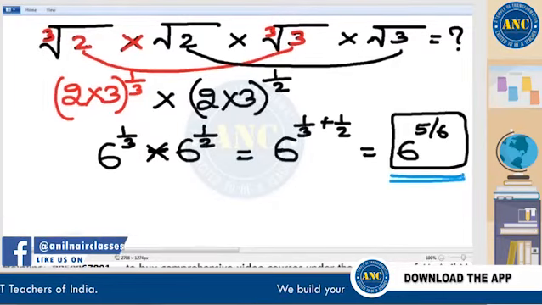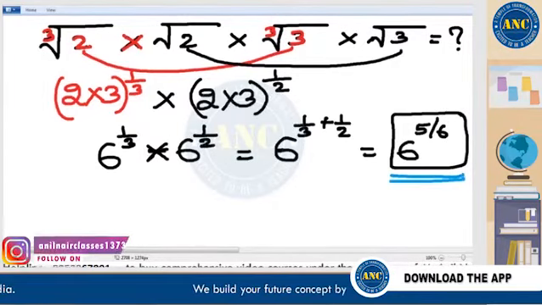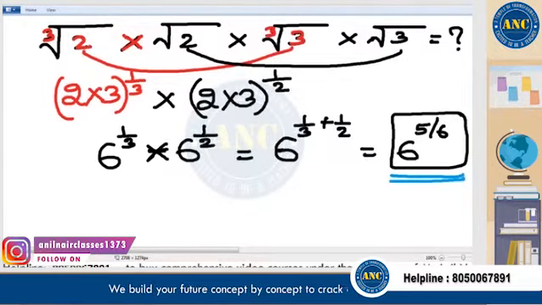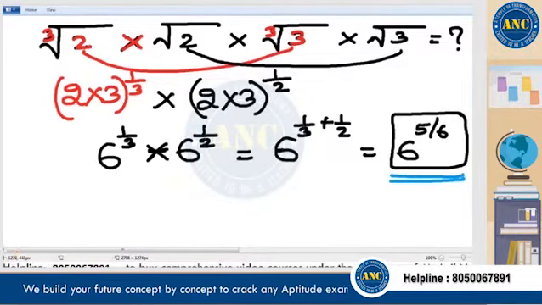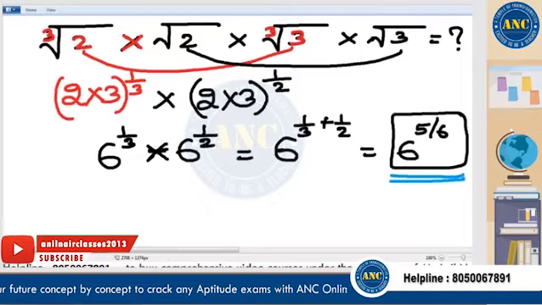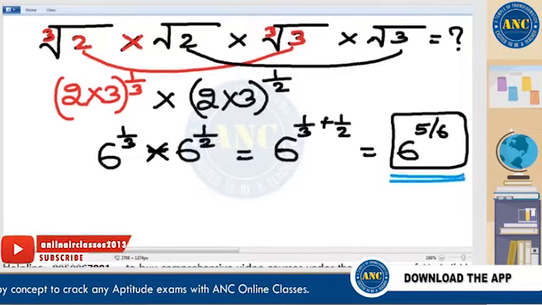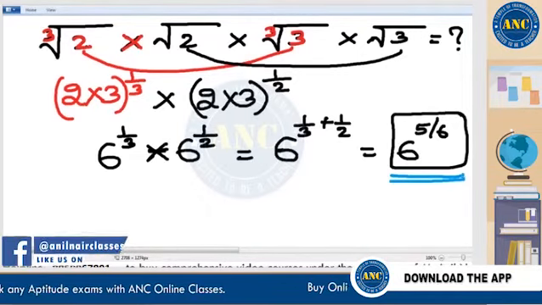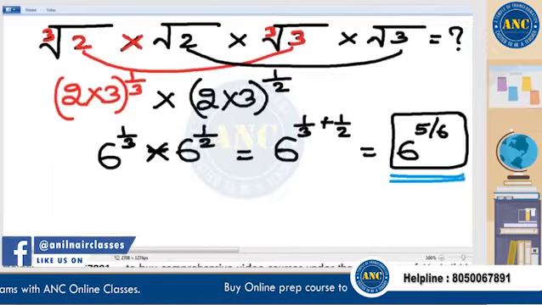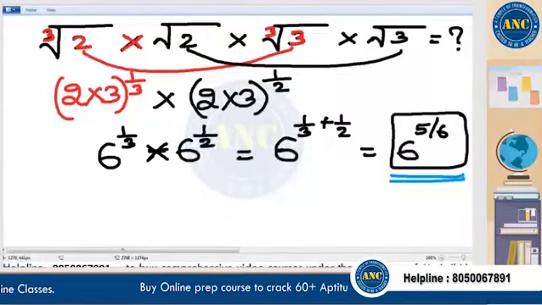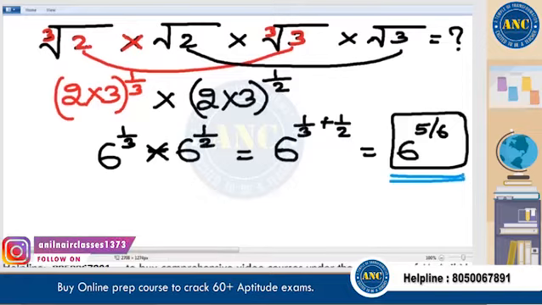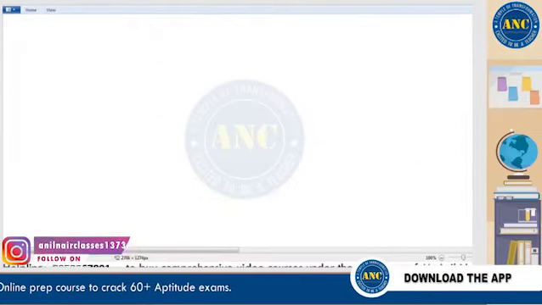Answer need not be a natural number every time. It can be a surd also, like the way we got it right now. I hope the idea is clear. Answer can be expressed in terms of surd also.